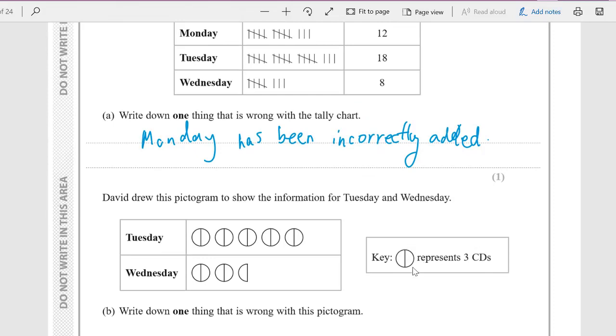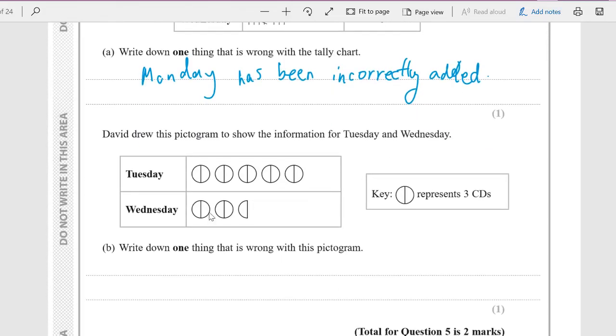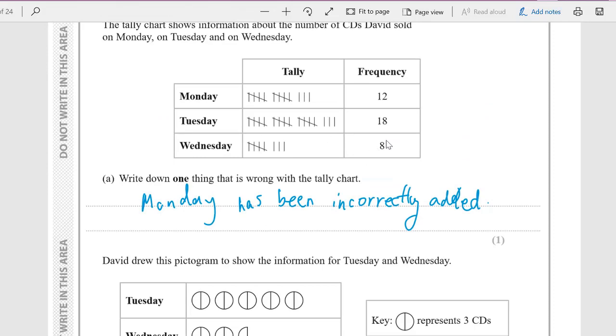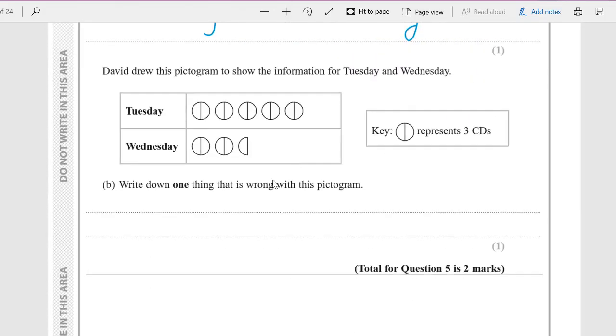So this is your key. So this represents 3 CDs. Let's calculate them. Start with the smallest one. So 3, 6. So 6 and 1.5. Well, that's going to give us 7.5. But on Wednesday it was 8. So obviously that's wrong.